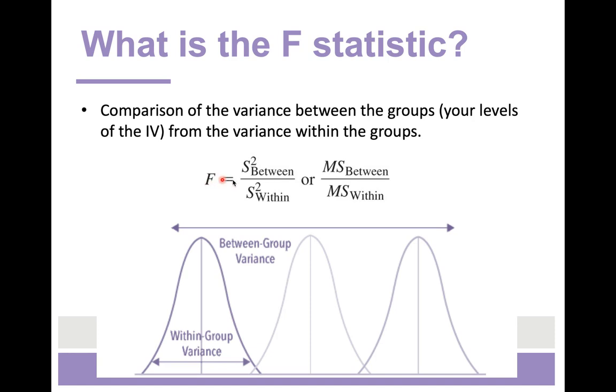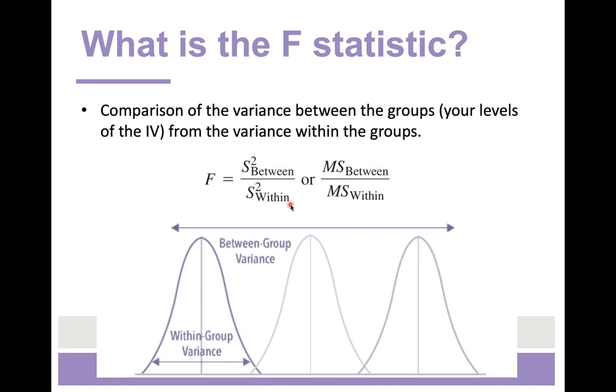So F is equal to basically the between groups variance divided by the within groups variance. And we want a lot of between groups variance. We want our numerator to be large, so we get a large F, just like with a t-test. And we want our within groups variance to be small, our denominator, so that we get a large F, just like with a t-test.